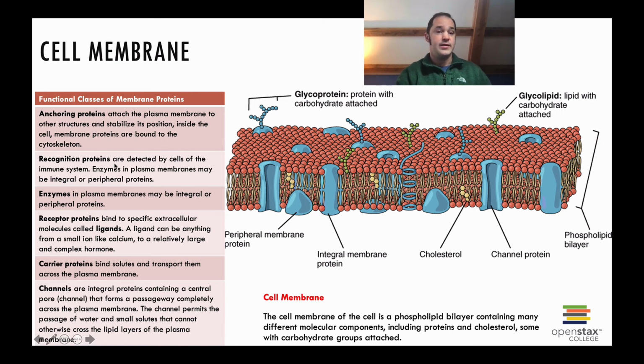You can take a look in your book and on the slide here at different kinds of proteins. So I mentioned receptors before. They bind extracellular things, and then those can cause changes inside the cell. There are things that stuff inside the cell can anchor to. There are channels. So you can see in this one there's a pore that might allow some kind of molecule like glucose or potassium or sodium to travel through.